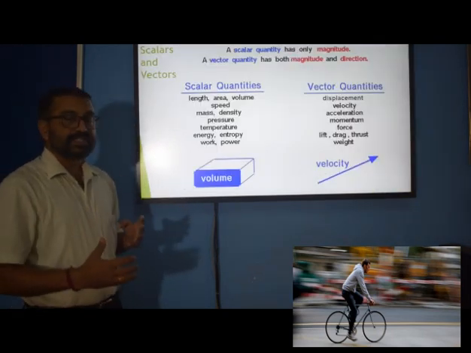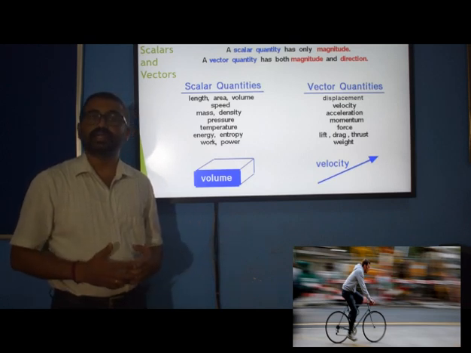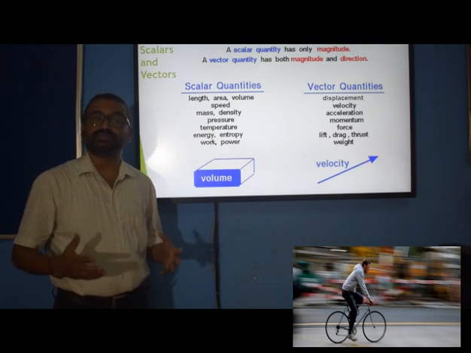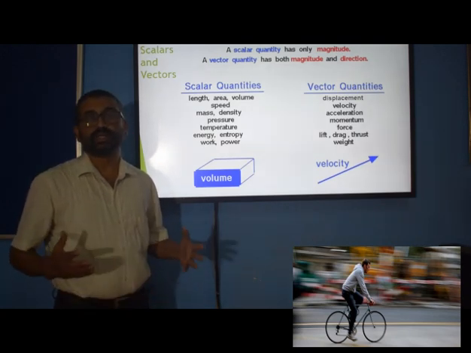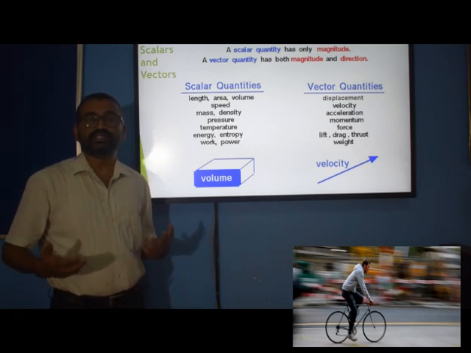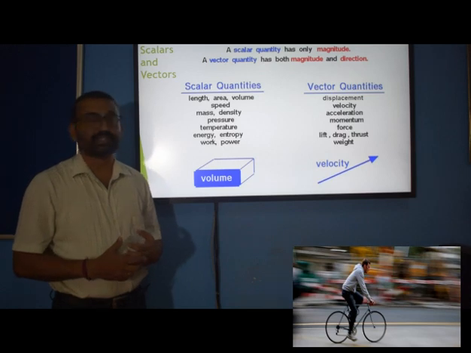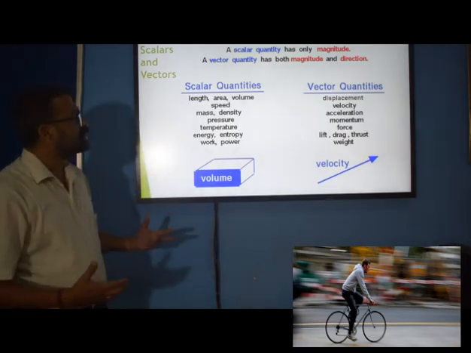Now, in physics, physical quantities are classified into 2 categories. One is a vector quantity and the second one is a scalar quantity. What are vector quantities and what are scalar quantities? It's again a confusing term in the early stages of studying physics, but it is a very simple term.